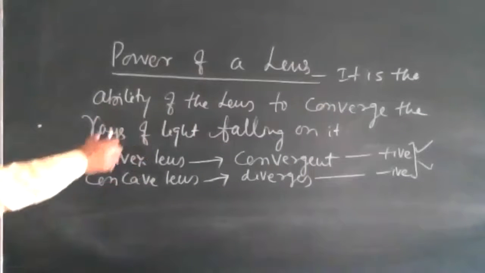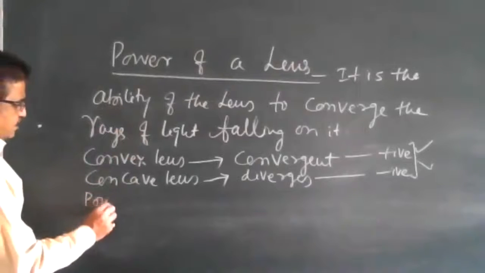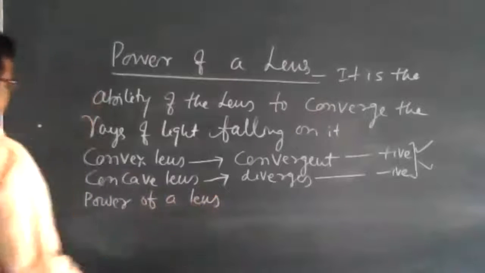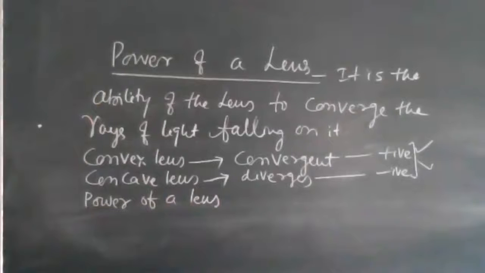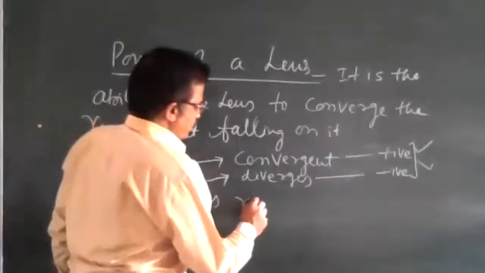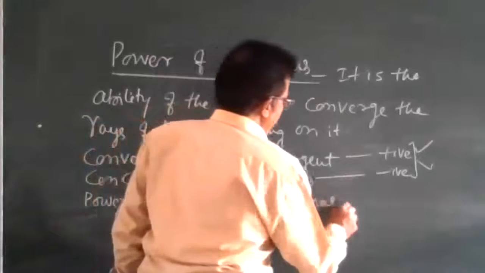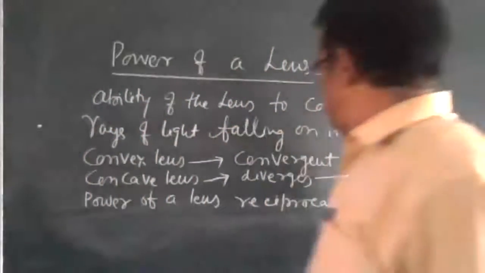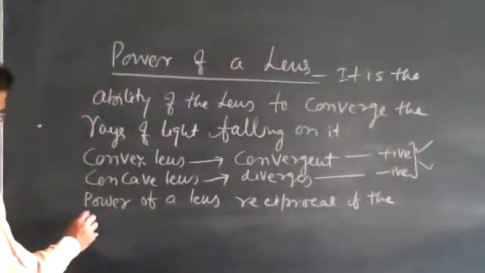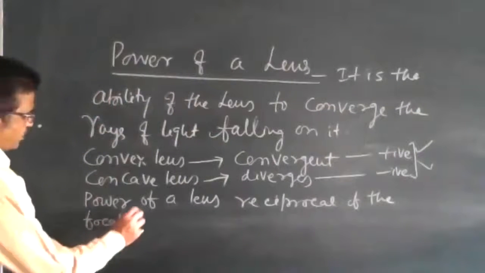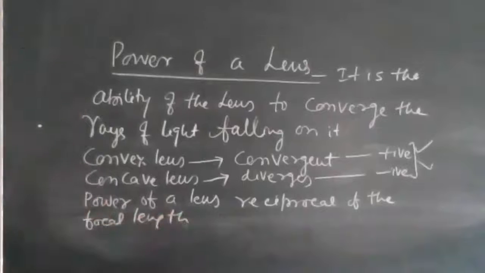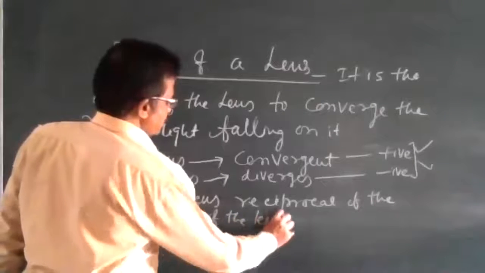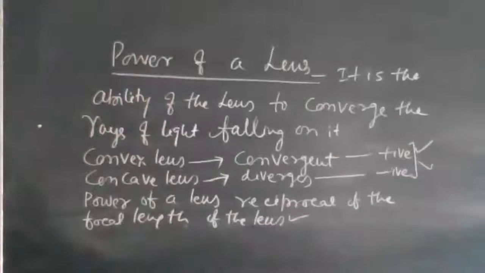So power of a lens is given by the reciprocal of the focal length of the lens.